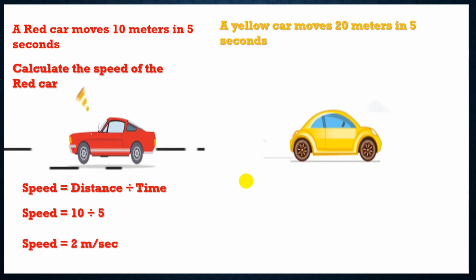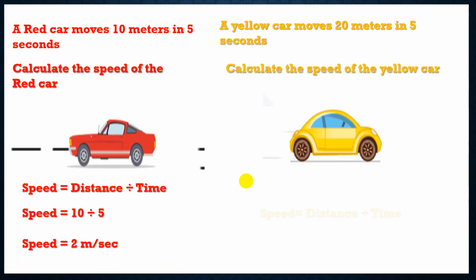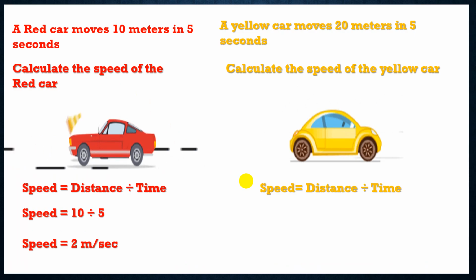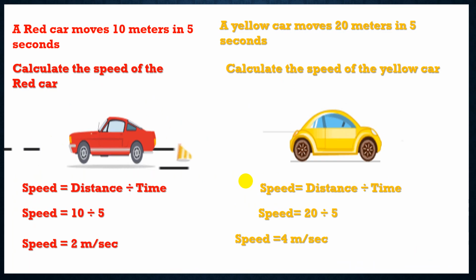Second is a unit of time, so time equals 5 seconds. So I can get the speed because I have a law which tells me speed equals distance divided by time, and speed equals 20 meters divided by 5 seconds, and that means speed equals 4 meters per second.